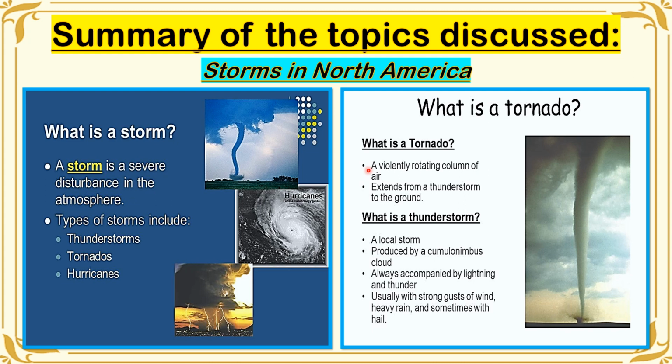A tornado is a violently rotating column of air that extends from a thunderstorm to the ground. What is a thunderstorm? It's a local storm produced by a cumulonimbus cloud, always accompanied by lightning and thunder, usually with strong gusts of wind, heavy rain, and sometimes with hail.